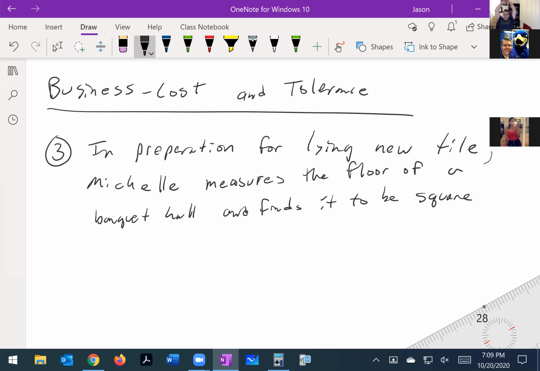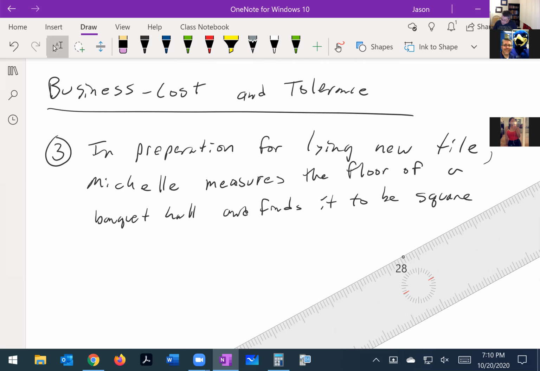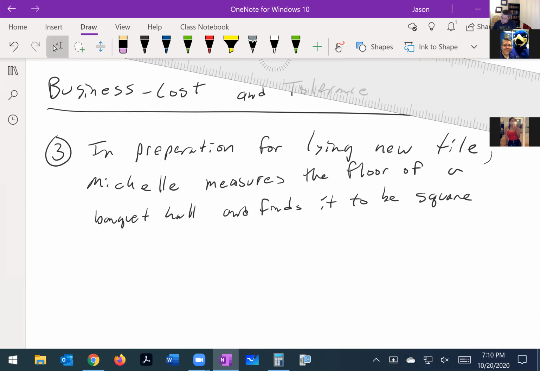This is amazing. We've got a banquet hall, we've got Michelle, we've got her laying a tile floor. I mean, what more would you want to be doing on a Tuesday night with your life than learning about this? I started telling jokes when I had to teach algebra to high school students, because otherwise I was going to become a very depressed person.